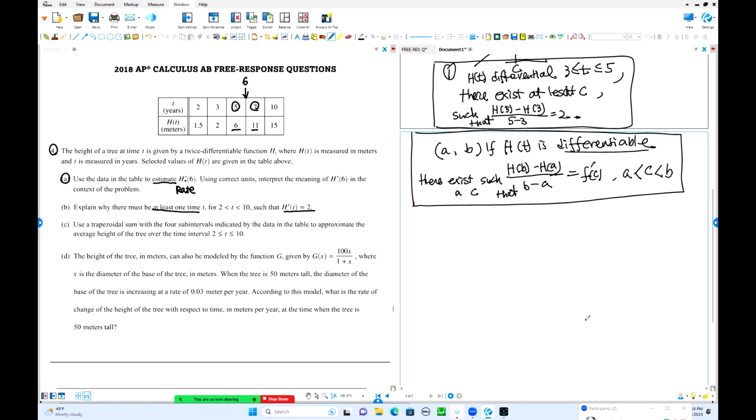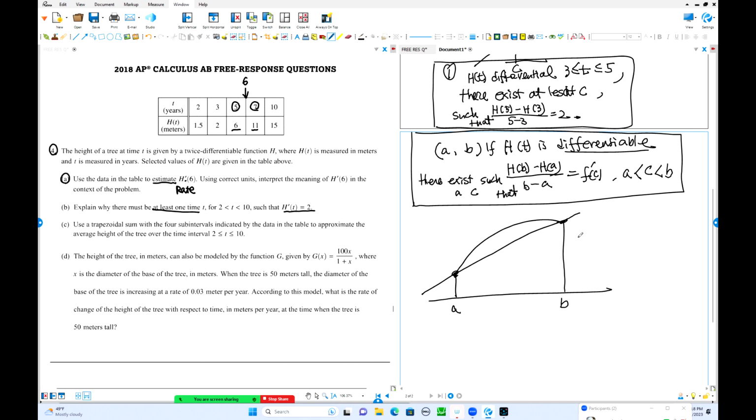Are you okay with this mean value theorem? This is differentiable and continuous. We have a slope of these two points. This one is a, this is b. The height at b is h(b), and this is h(a).